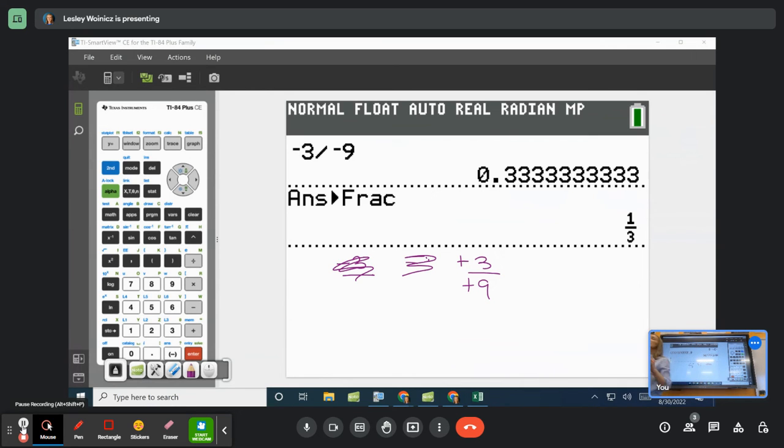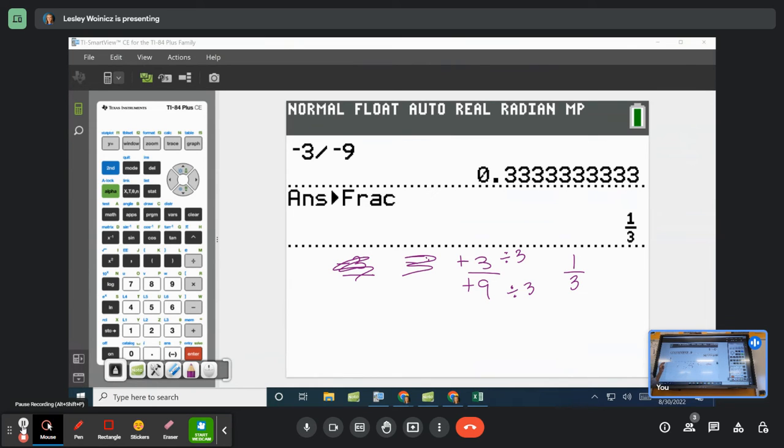Is there anything that my 3 on top and my 9 on the bottom have in common that I can divide out of my numerator and my denominator? A 3. So I'm dividing the numerator by 3 and the denominator by 3. What is 3 divided by 3? 1. What is 9 divided by 3? 3.